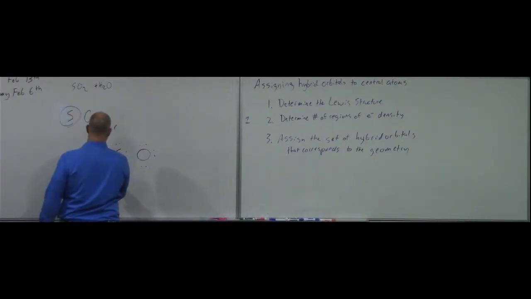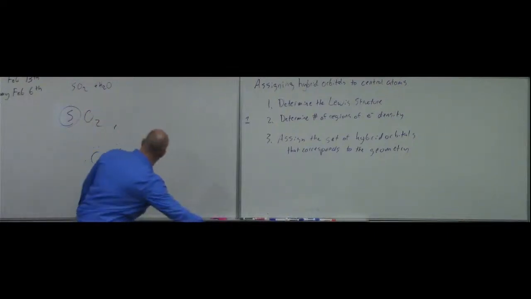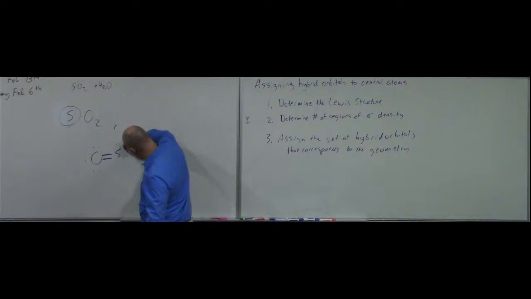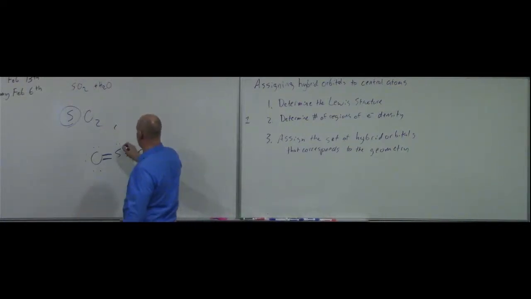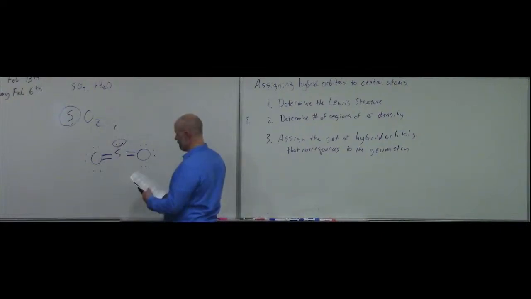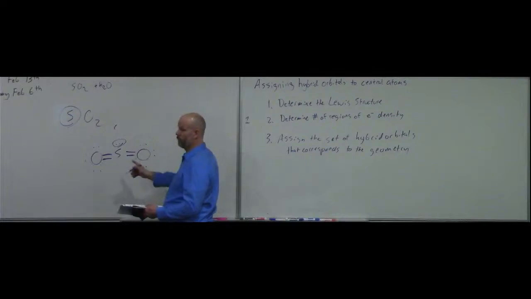I need a double bond right here, so I'm just going to snatch one of these. And I need a double bond right here, so I'm just going to borrow those, and that leaves me with one lone pair. So how many regions do I have? 3, right? 3 regions.